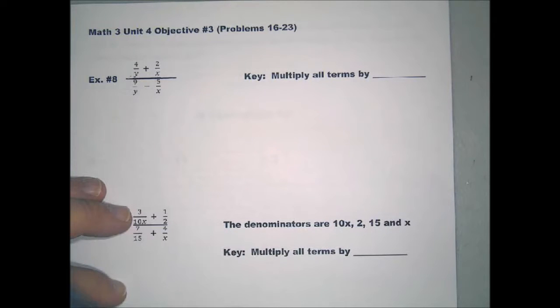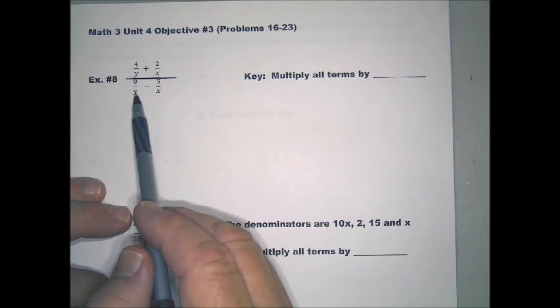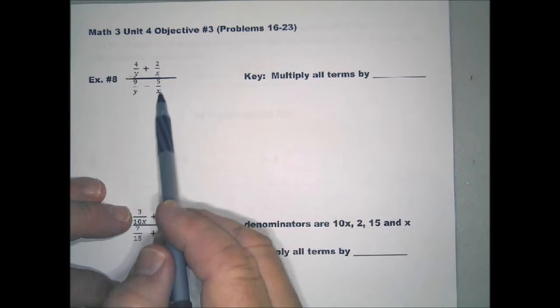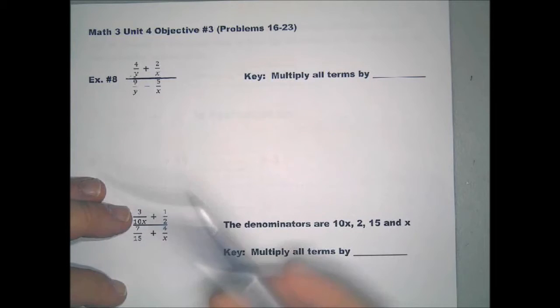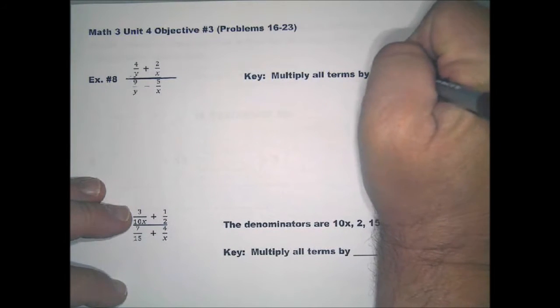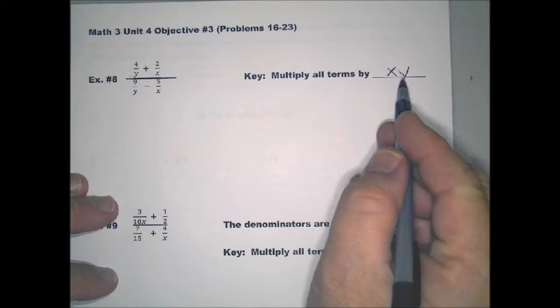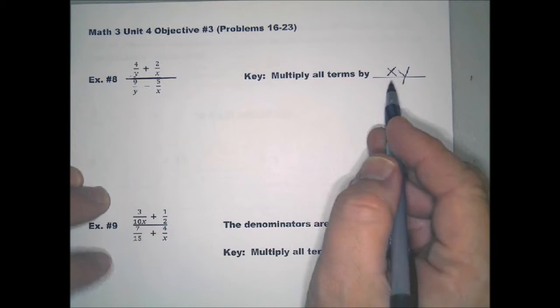What would be the lowest common multiple or the lowest common denominator if 2 of the denominators were y and 2 of them were x? Well, the least common multiple would be the product of x, y. So that's the key to this entire problem. Everything gets multiplied by x, y.